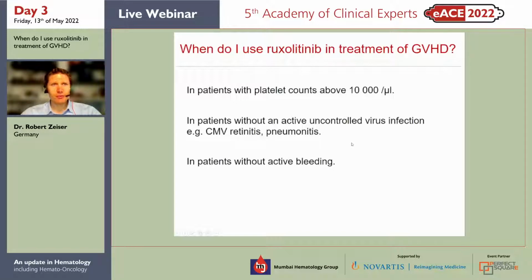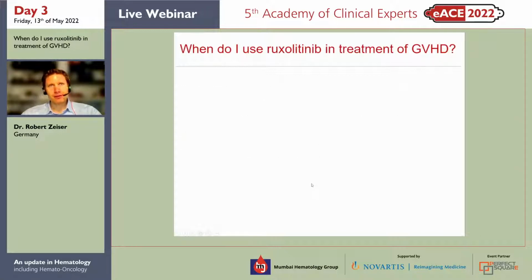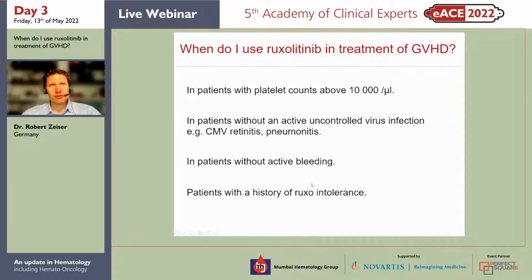And of course, patients should be without active bleeding. If they have a history of ruxo intolerance, this would also be a reason not to treat them. So this is extremely rare. I haven't seen a patient with ruxo intolerance, but these are clear reasons not to treat.